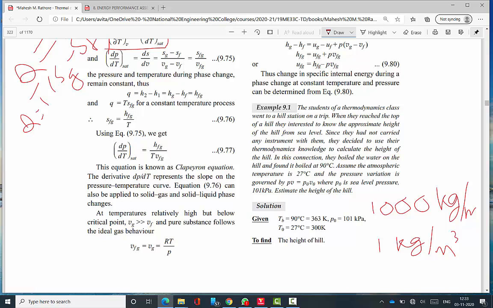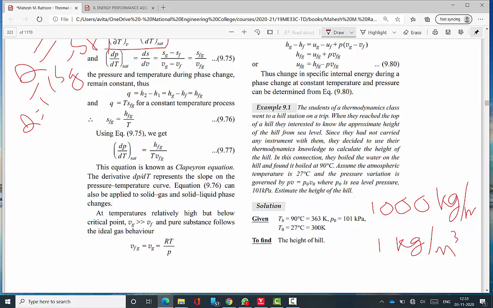Therefore the volume is continuously increasing. The same 1 kg water and 1 kg steam occupy very different volumes. Therefore Vg is very much greater than Vf.